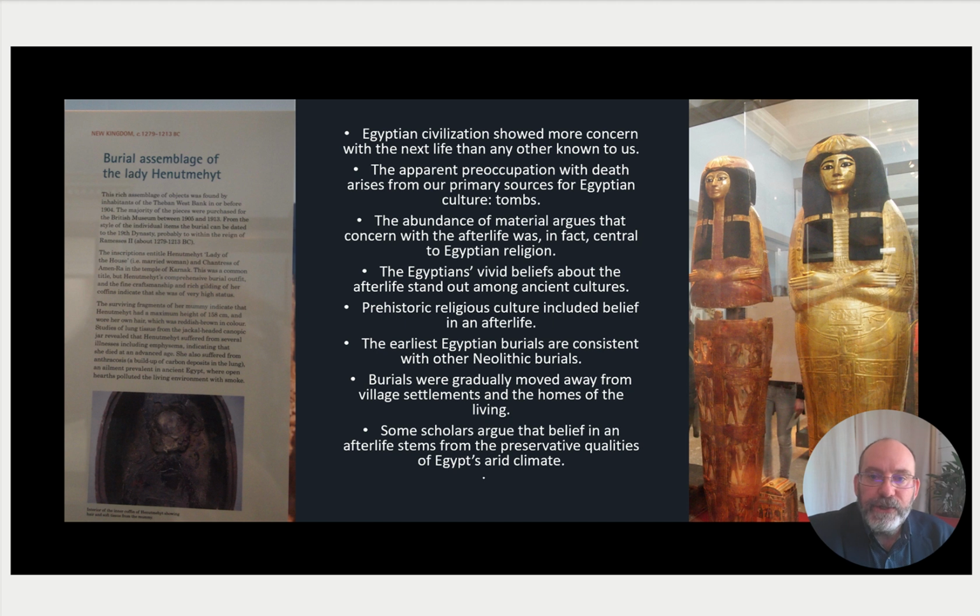Egyptian civilization showed more concern with the next life than anyone known to us. We said that. The apparent preoccupation with death arises out of the primary sources for Egyptian culture, tombs. The abundance of material argues that concern with the afterlife was, in fact, central to Egyptians' religion. The Egyptians' vivid beliefs about the afterlife stand out among ancient cultures.